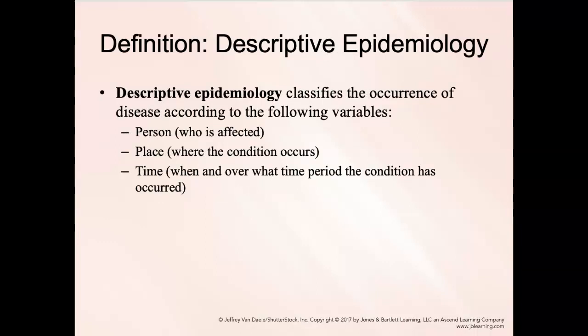It classifies the occurrence of disease according to the following variables. So it classifies disease according to person, so thinking about who is affected, the place in which the disease has occurred, and then the time, the when, and over what period of time has this condition occurred.